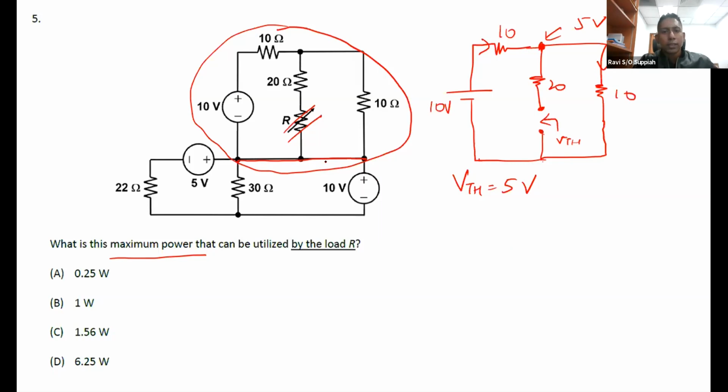If there's a resistance, then the voltage at the point might change. So if there's a resistance here or here, then it's different. It's not a common point anymore. So this has to be a common point. Then you can treat it as a common ground, and then separate out as different circuits.